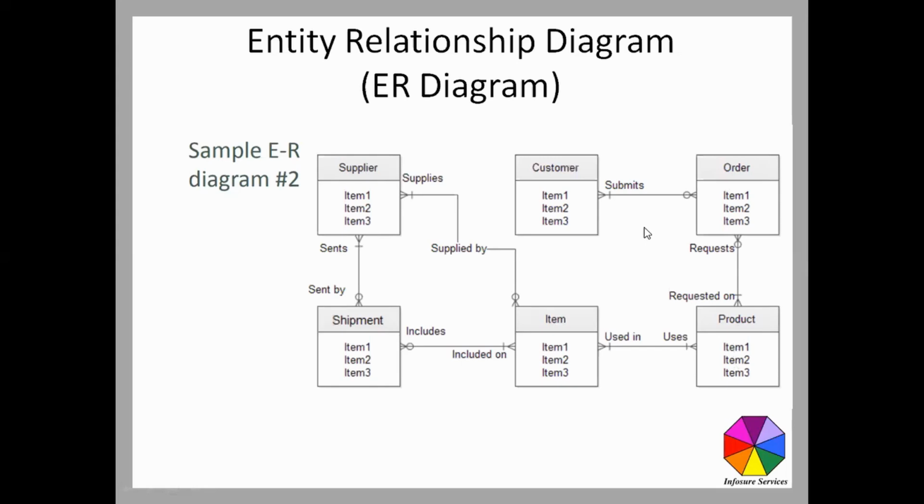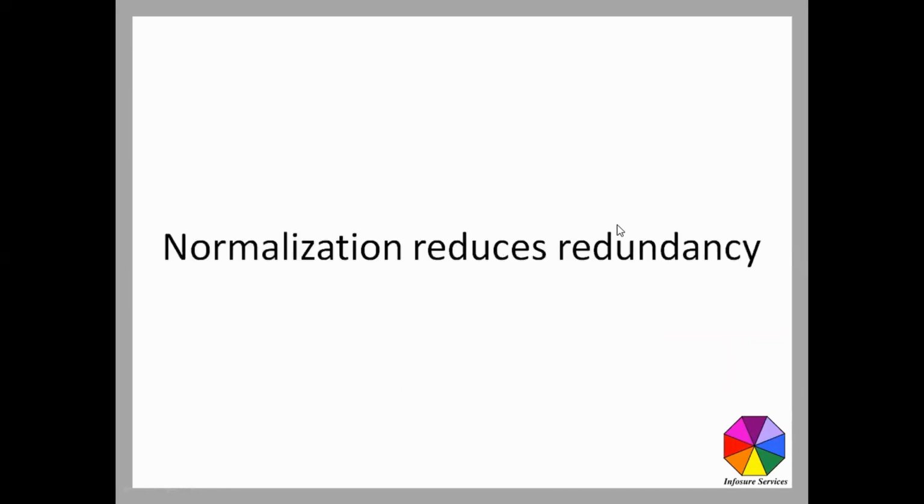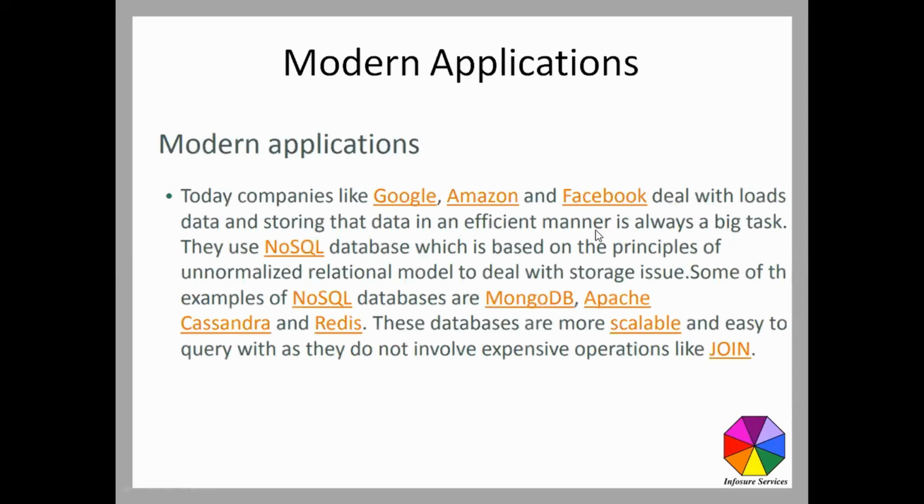Okay, we look at examples. So I have to join and get a meaningful response or meaningful answer to the query. So such joins are required with those normalized databases. Whereas if you are not normalizing, if you're having all columns together, these are not required to join. So it's easy to query, as they do not involve expensive operations like join.